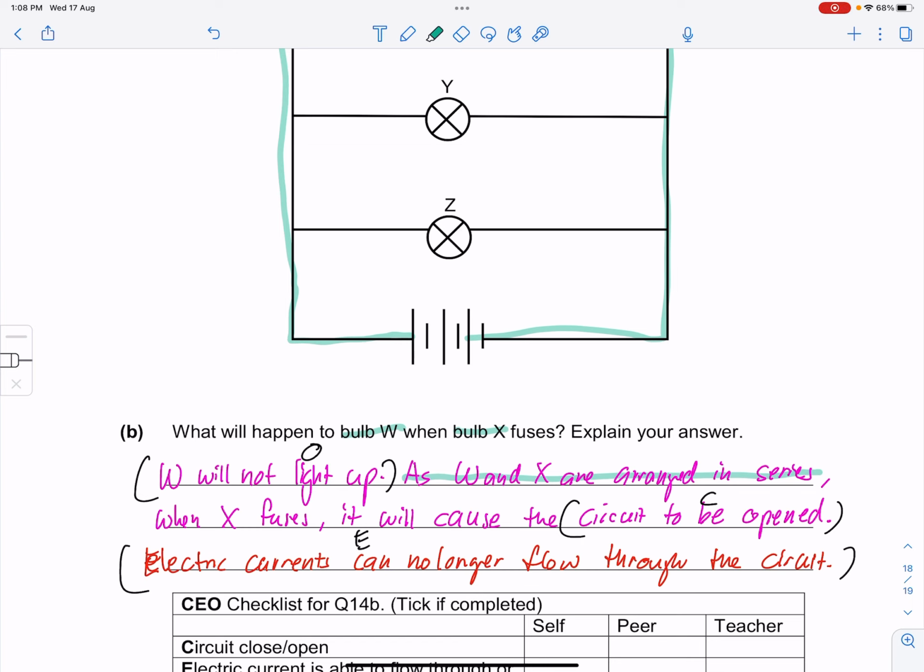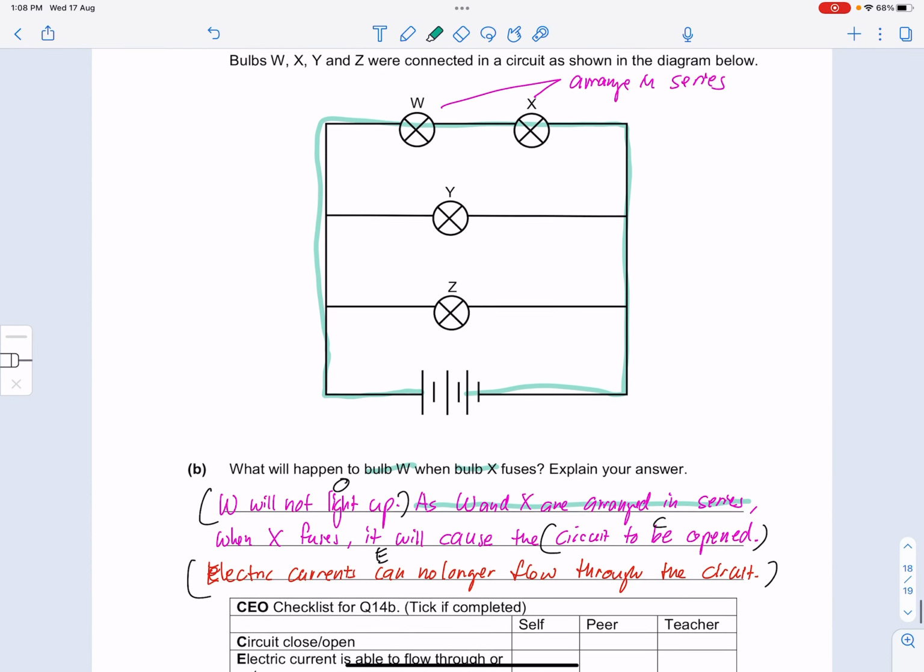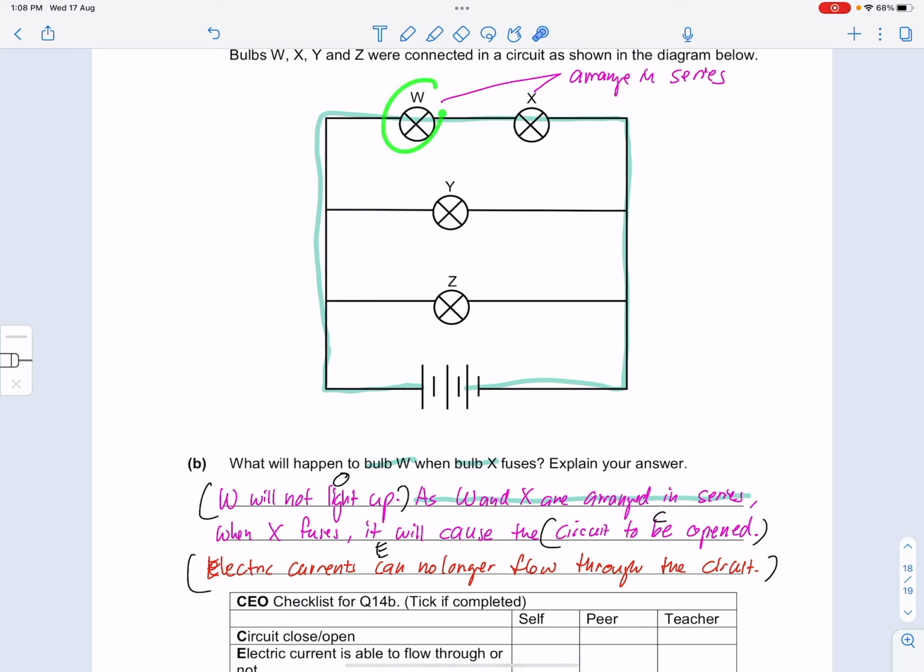Whenever there are questions like that, you have to mention the arrangement because it affects the outcome. If you take a look at this, you will notice that W and X are arranged in series. However, Y and Z are parallel to each other.